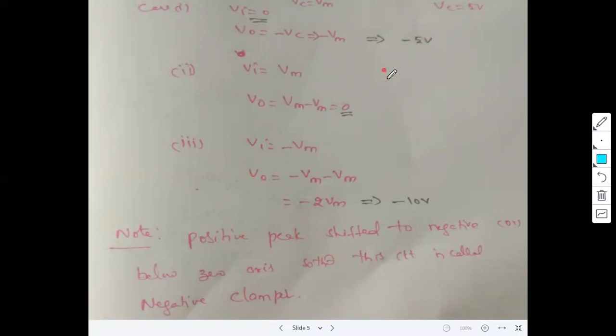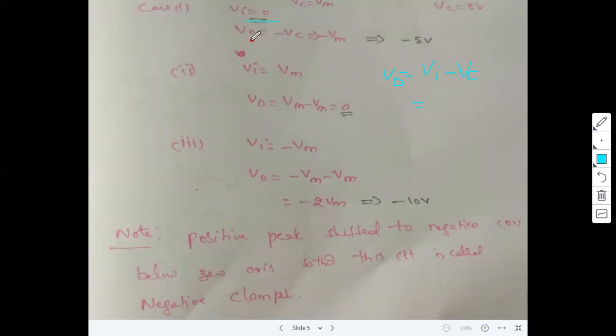What is the expression here? V naught is equal to Vi minus Vc, where Vc is equal to the maximum voltage. The first condition is Vi equal to 0.